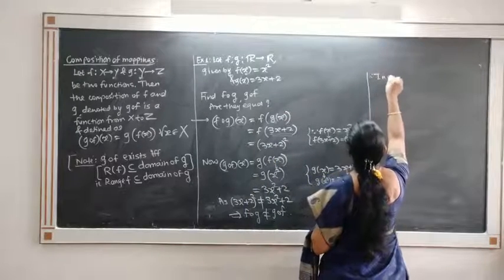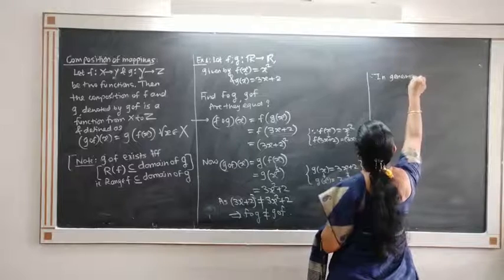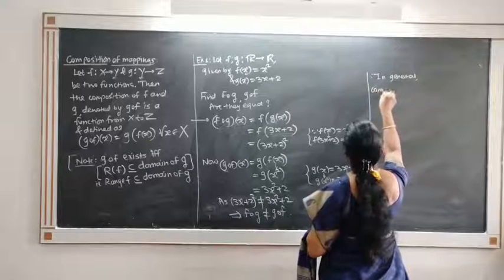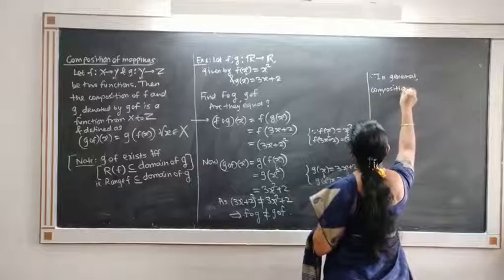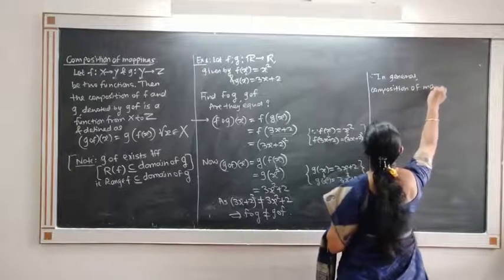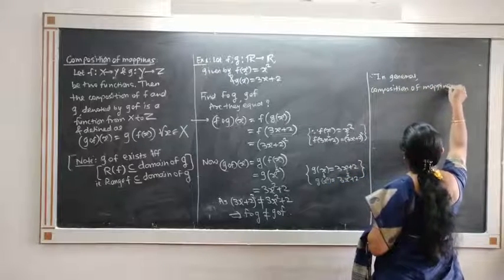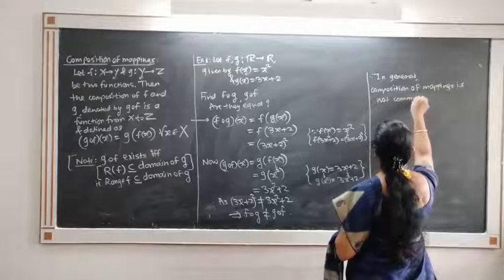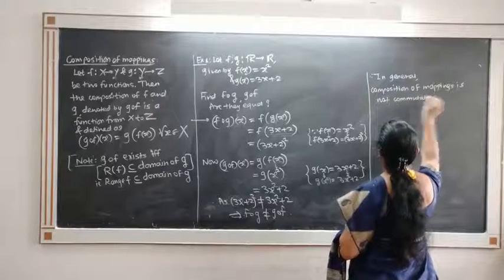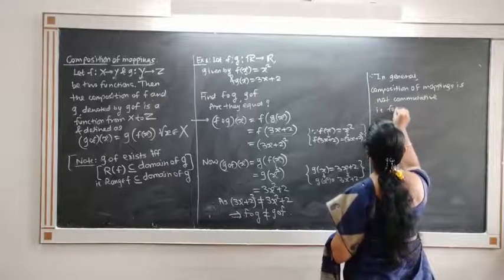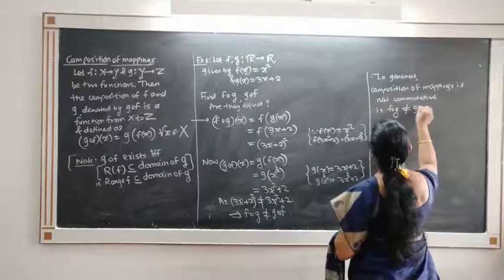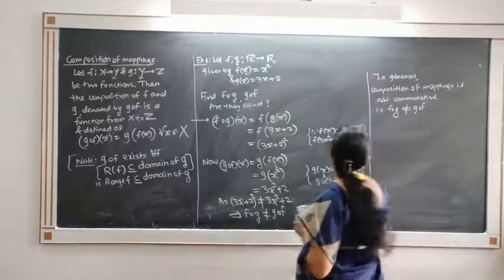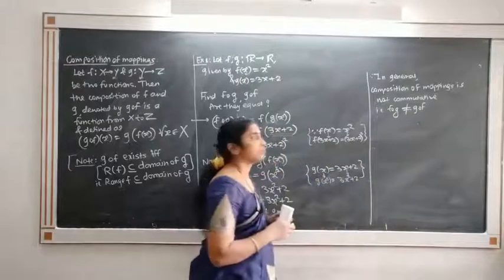Therefore, in general, composition of mappings is not commutative. That is, f composite g is not in general equal to g composite f.